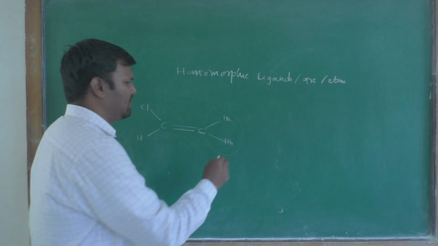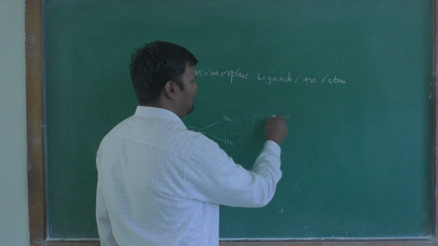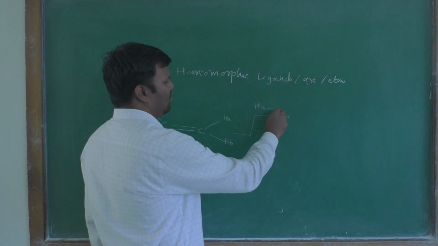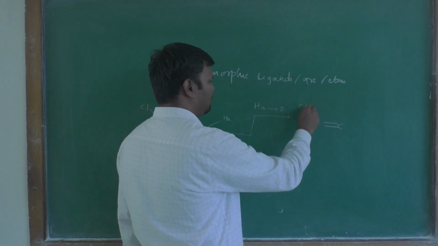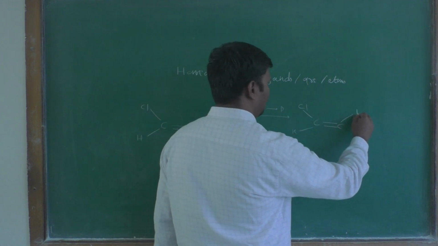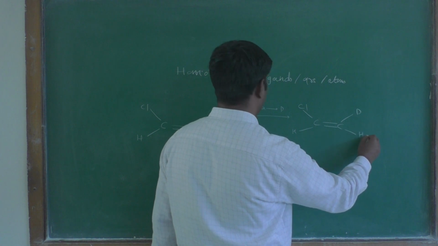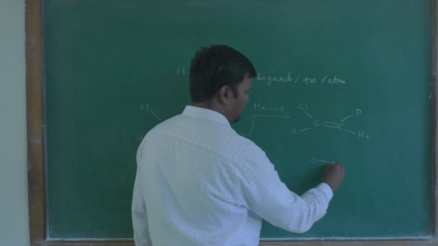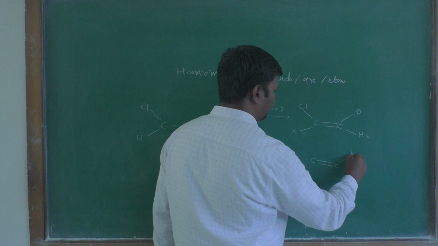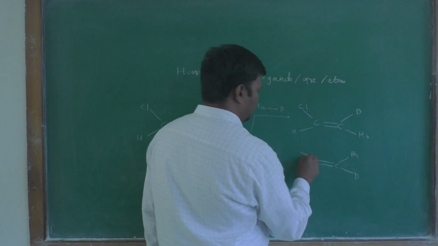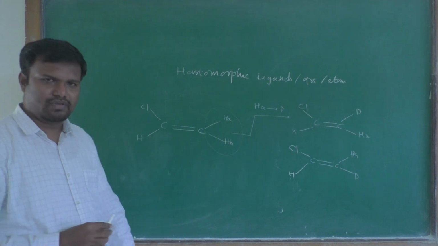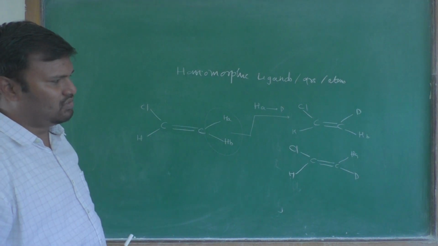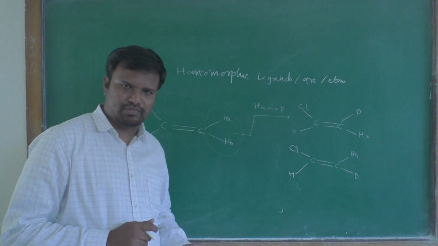And when we replace Ha with deuterium, you will obtain deuterium and Hb as it is, and the second compound you obtain like that. These two compounds are diastereomers.